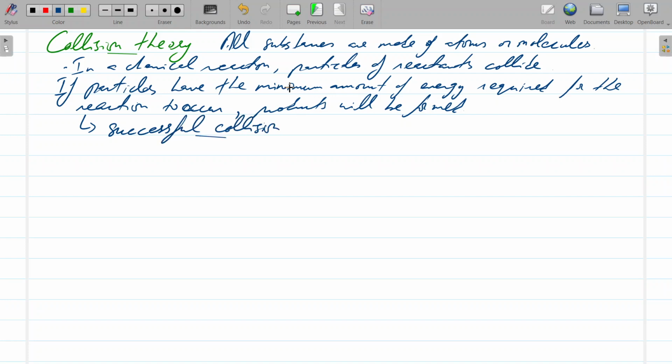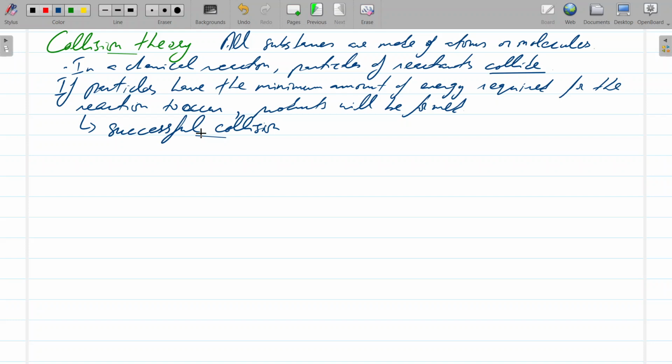And so this is called a successful collision. There's a difference between collisions: the number of collisions overall, just because they are colliding doesn't mean the reaction is going to happen, because they need a specific amount of energy to actually react and form the product. If that is happening, then that's a successful collision.